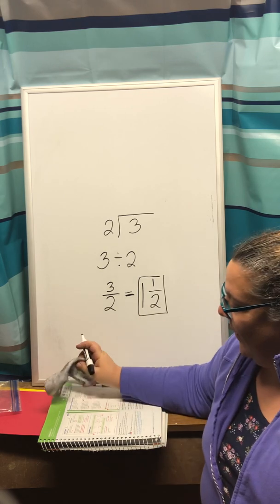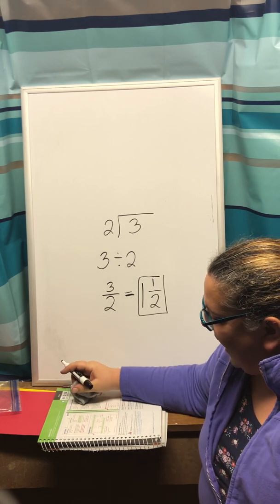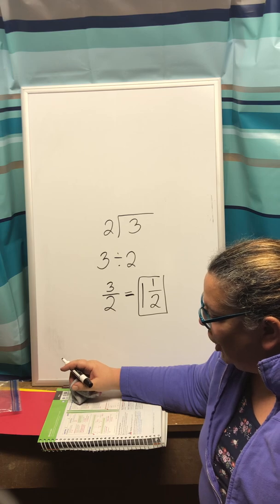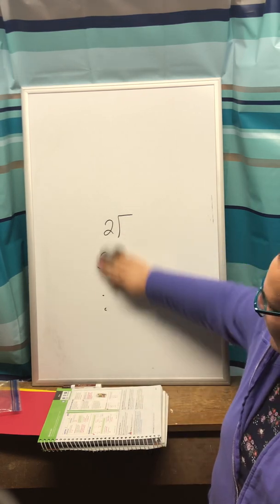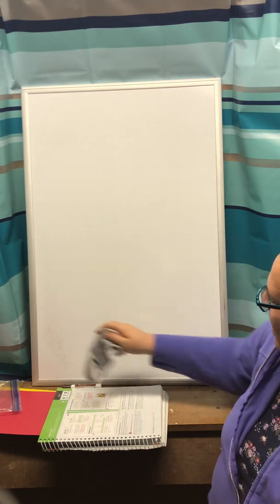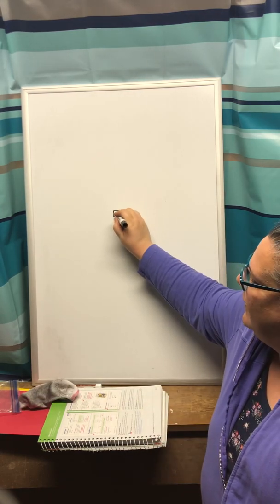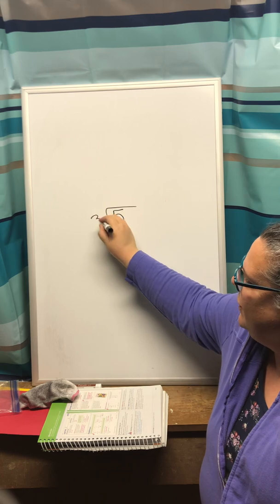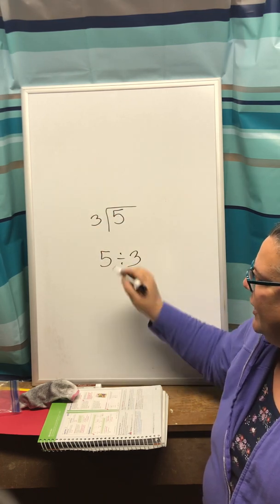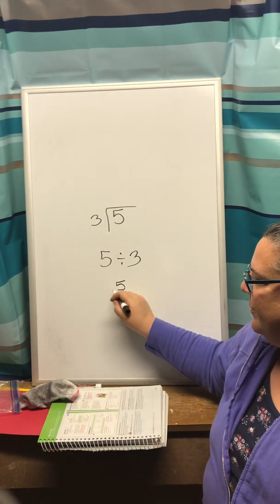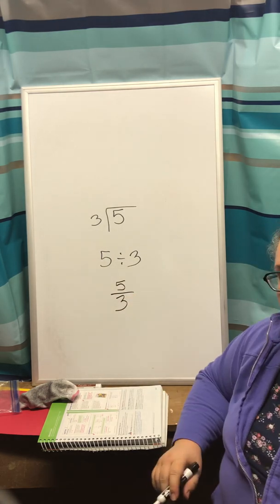Okay, and then for number 5, 3 students share 5 breakfast bars. So same thing, I can say 5 breakfast bars divided by 3 students.